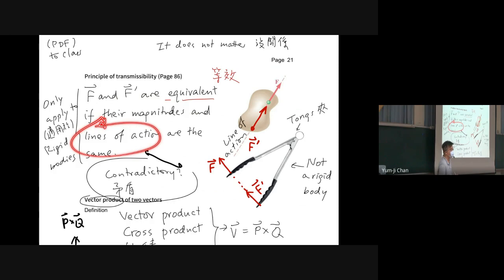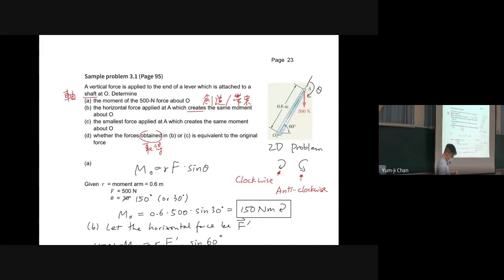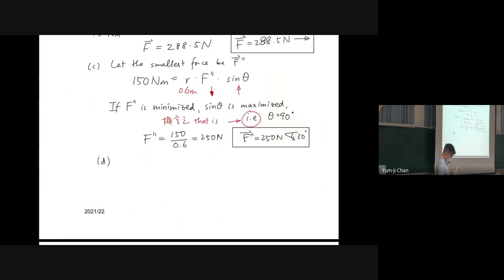So, based on notes page 21, two forces are equivalent if both the magnitudes and the lines of action are the same.